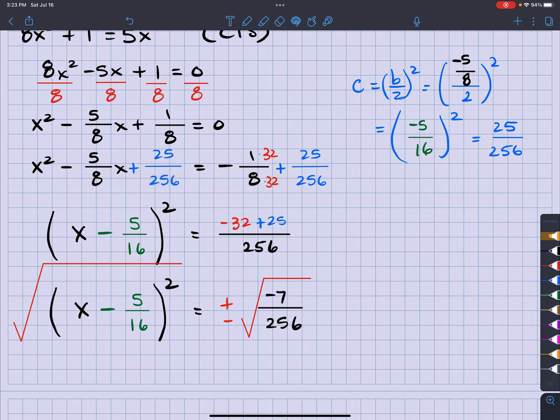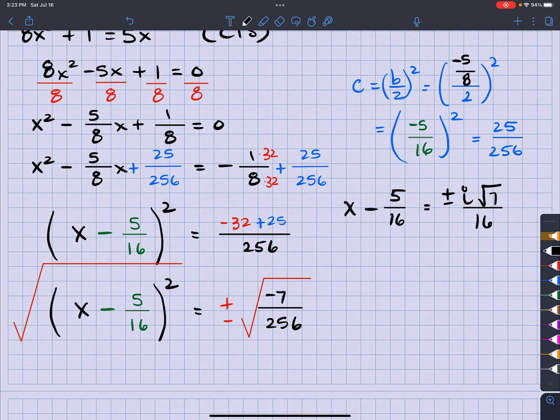So what I'm going to do is, on the left side, all I have left is the x minus 5/16. On the right, taking the square root, I'm going to have plus or minus i square root of 7 over the square root of 256, which is going to be 16.